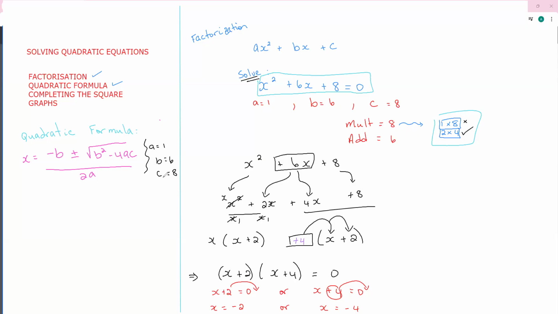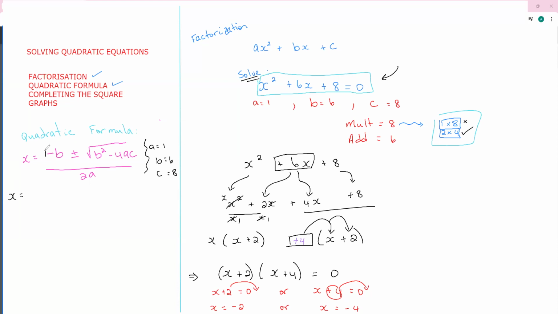So you get the values of a, b, and c from the quadratic equation itself. In order to solve it using the quadratic formula, we are basically going to substitute it into this.